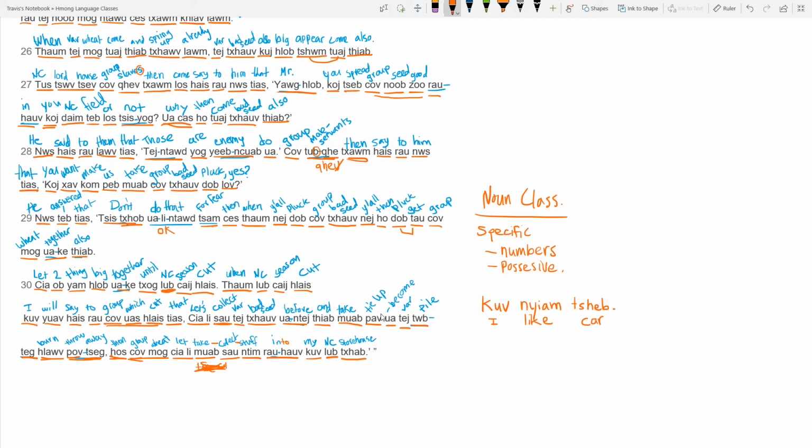Not in the sense of you're looking at a group of cars right in front of you, but in the sense of very general, like, hey, I like cars. I like cars in general, right? So let's just add one word. Write it again: gu, nia, lu, che. I like the car. Now we're talking about a specific car. Gu nia lu che, I like the car.